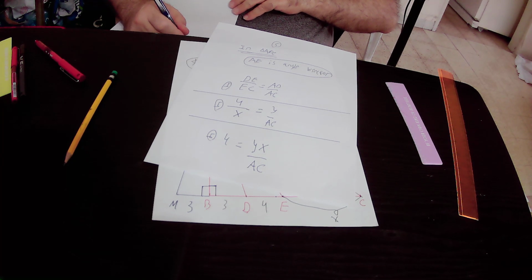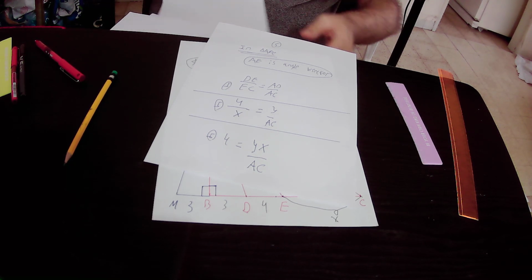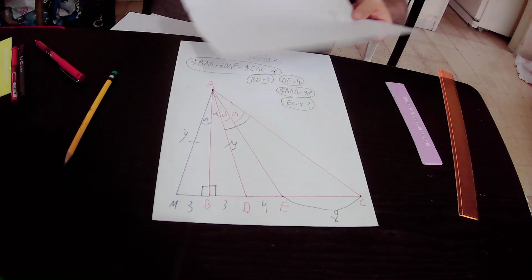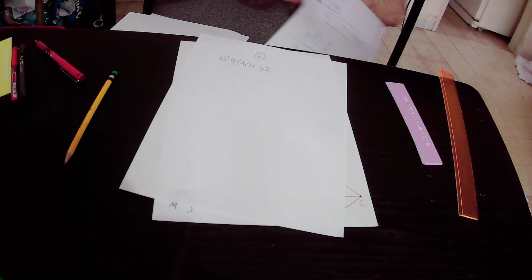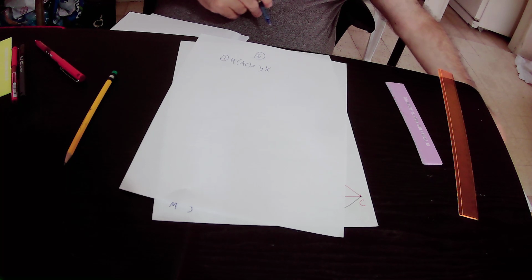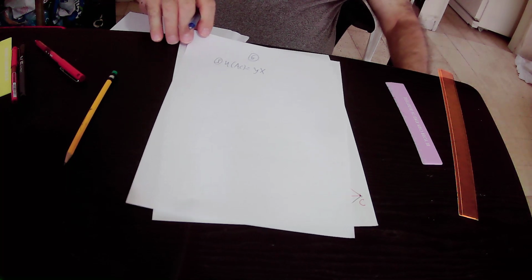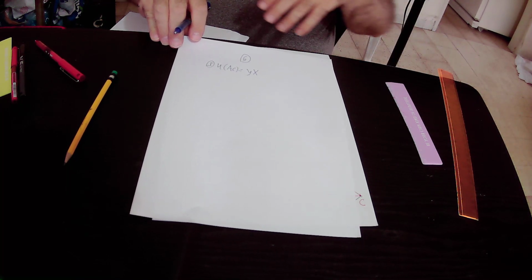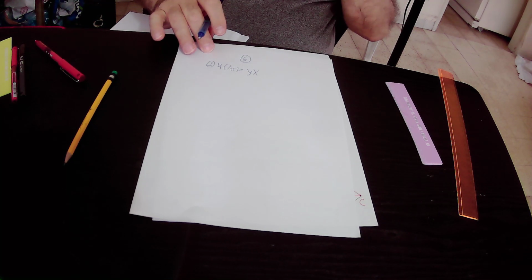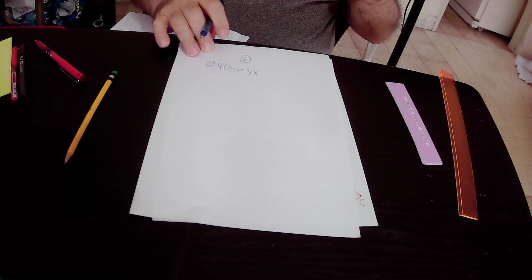And we will get that 4 times AC equals Y times X. Okay. Here we will divide equation 1 by 4 in order to get the value of AC.